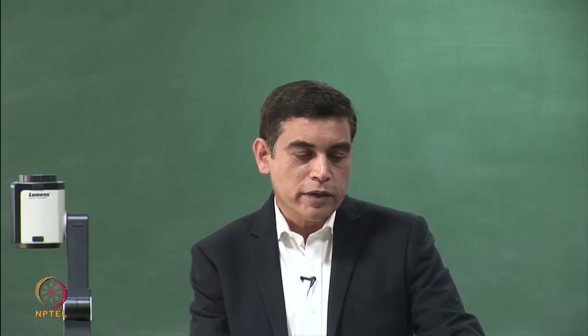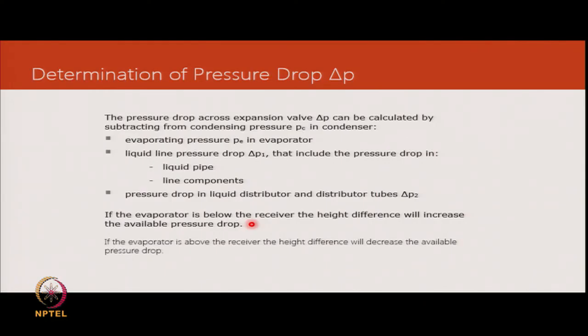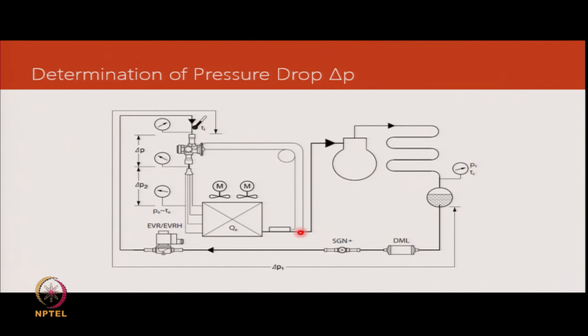And then we also address some of the height differences, and if there is any liquid column that needs to be adjusted for in the calculations, we will do that. So this is more like a schematic of how we can look at delta P.